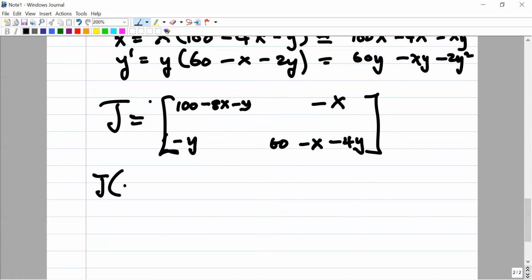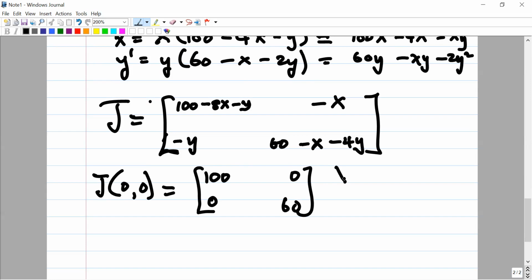So we now want to check the stability of the extinction equilibrium. This gives us 100, 0, 0, 60, and the eigenvalues are easy: 100, which is greater than 0, and 60, which is greater than 0.